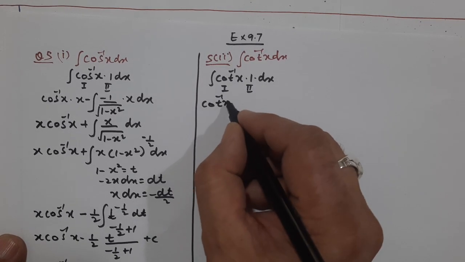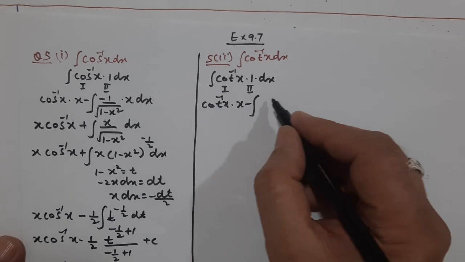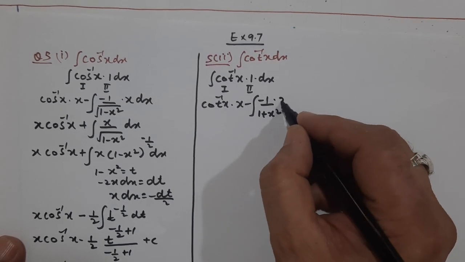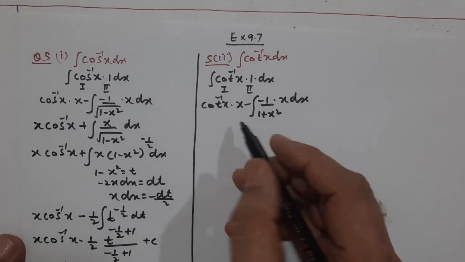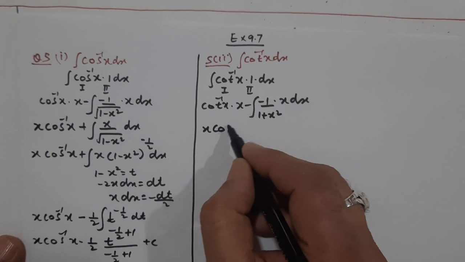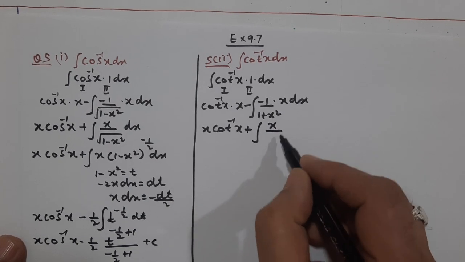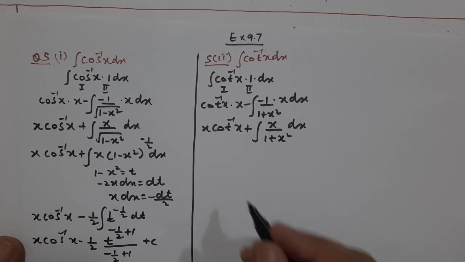So first function, integral of 1 is x, minus integral of derivative of first into integral of second, which is x dx. So we know very well how to integrate this, x upon 1 plus x square dx, like this.